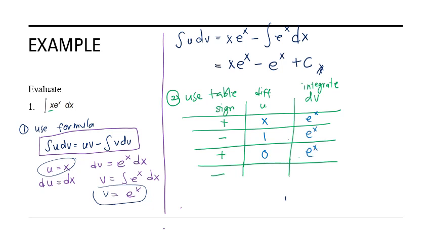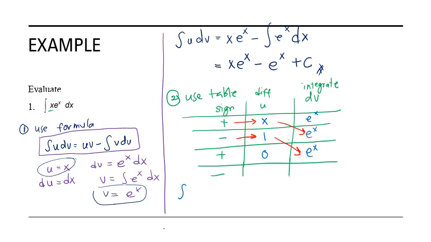Okay, how to read this? So read from sign. Okay, tengok anak panah ni. Macam ni, dia ke bawah. Ni adalah darab. Tambah. Macam tu. Okay, so darab. So what is our answer?